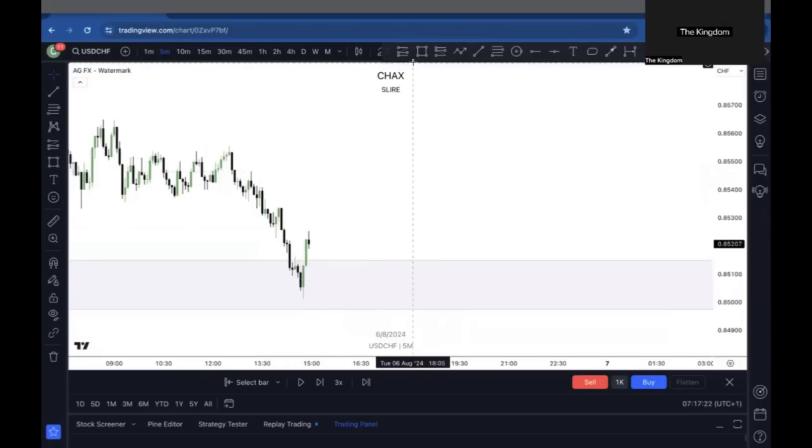If you're following me on Twitter, handle Chax BTBG, you must have heard me talk about liquidation. You can see price dropping to my POI. Price just did all this around here.